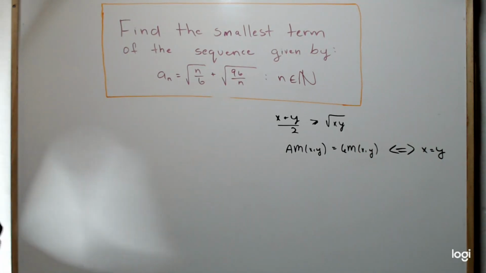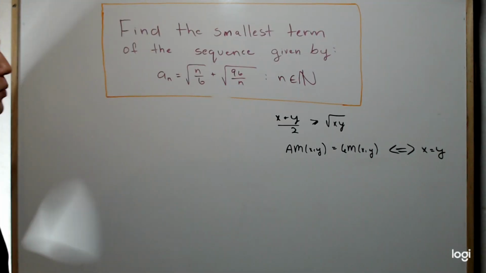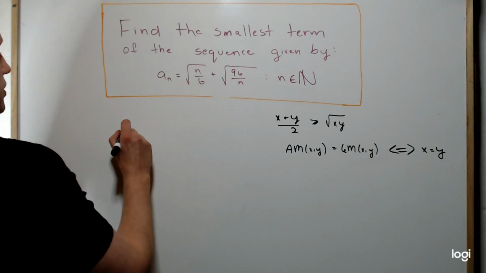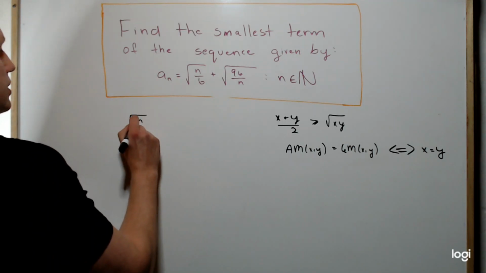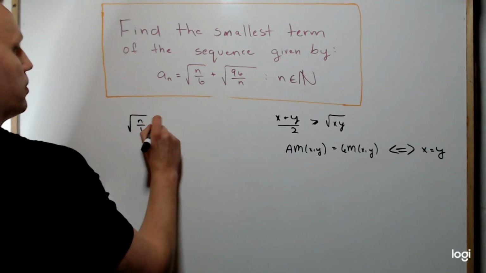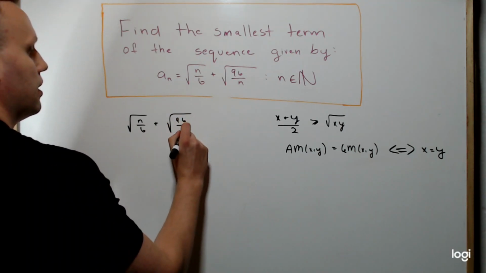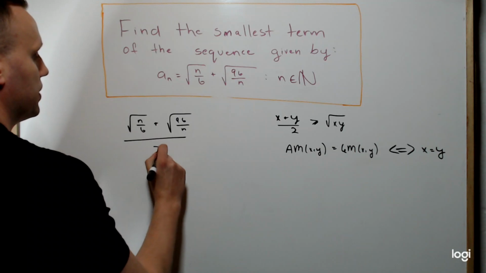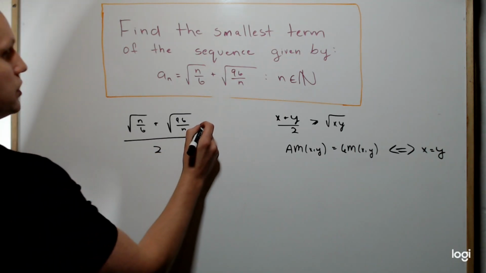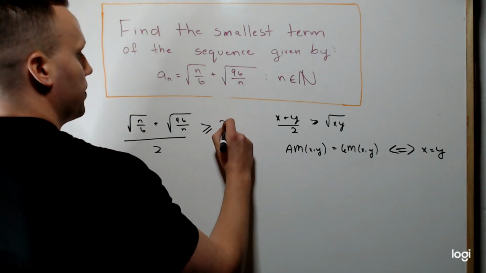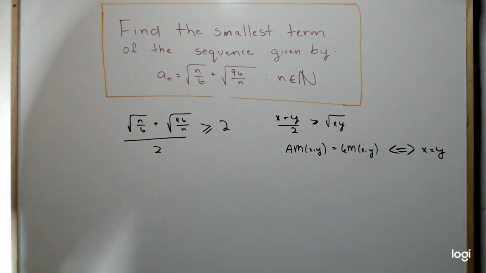And from the theorem, we know that the arithmetic mean of the two terms, which is the square root of n over 6 plus the square root of 96 over n, divided by 2, is greater than or equal to 2. So that's the arithmetic mean, and for all n, that's at least 2.